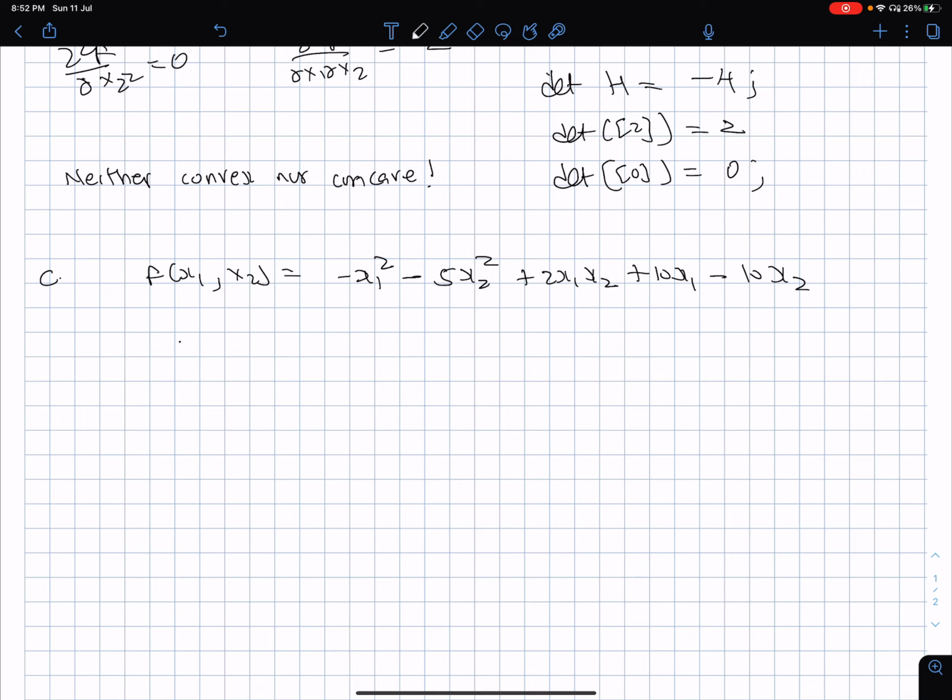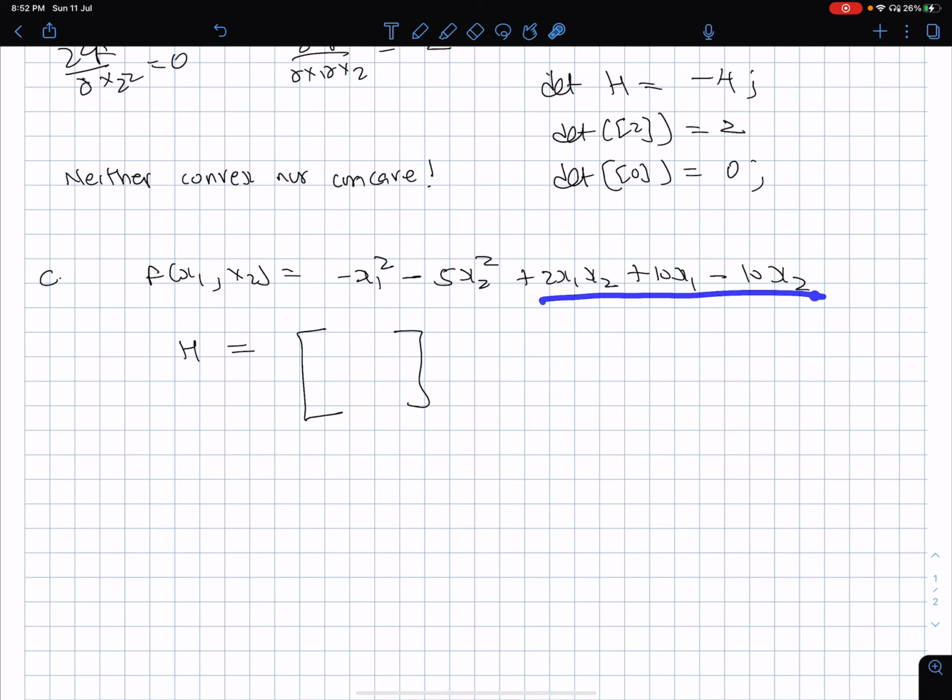Now this time I am going to write the Hessian by inspection. Okay, let's write the Hessian by inspection for a quadratic function. On the diagonal only the square terms matter, because when I take a derivative twice with respect to x1, only this term is going to survive. When I take the derivative twice with x2, only this term is going to survive.